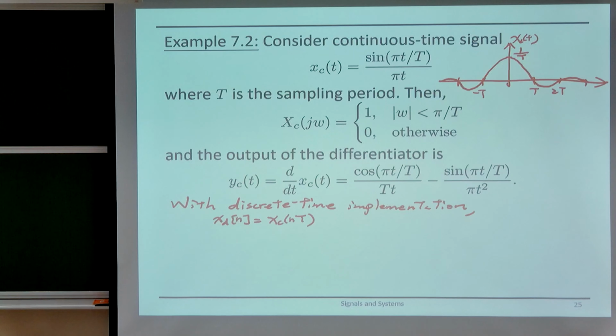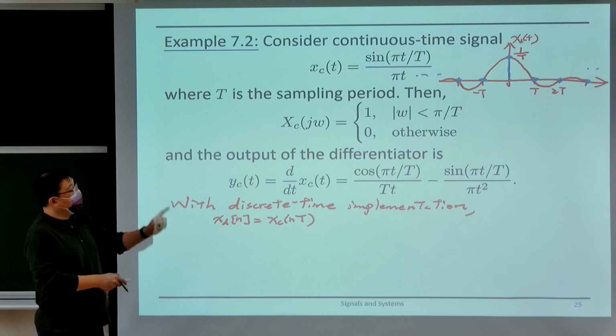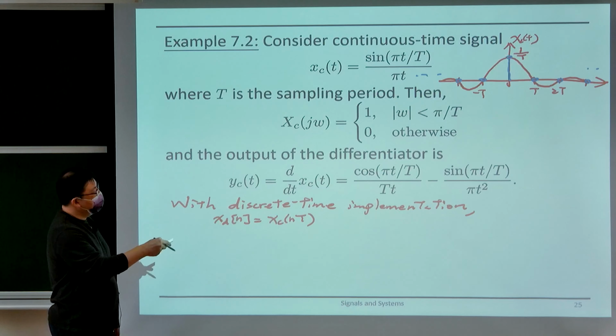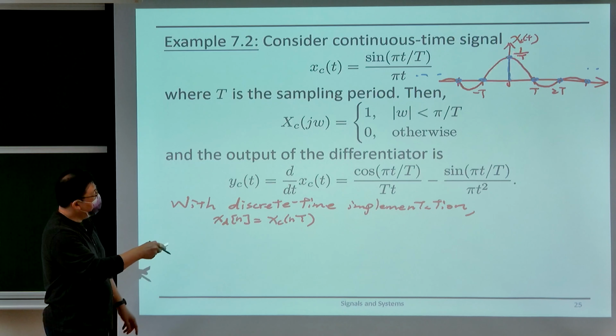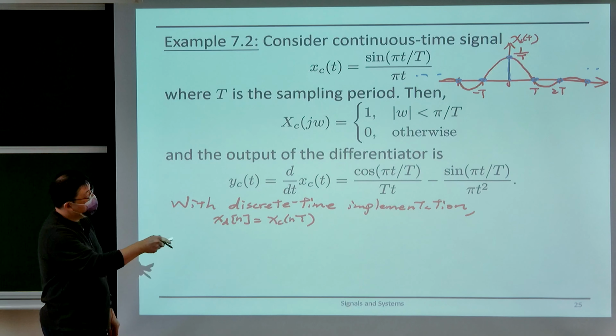If you sample this function, you're sampling at 0, T, 2T, 3T, and so on, minus T, minus 2T, and so on. So the discrete time sequence that you get is only non-zero at n equal to 0 and 0 everywhere else.